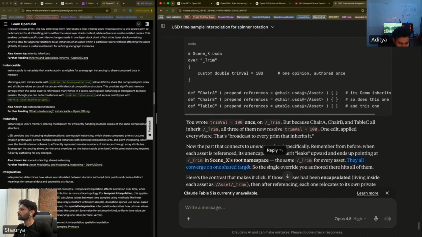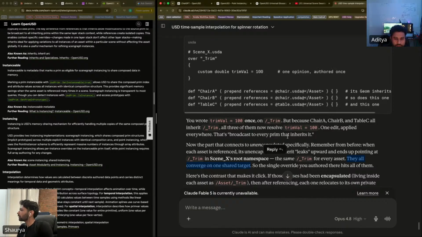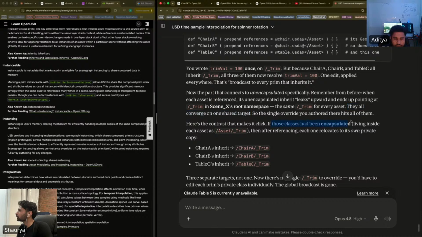Here's the contrast that makes it click. If those classes had been encapsulated, living inside the... So they were inheriting underscore trim, but they were not inheriting directly from asset trim, from the asset file. That's why the broadcast will work over here.